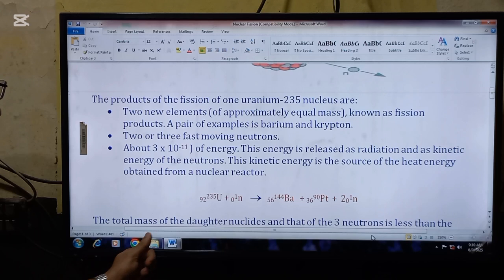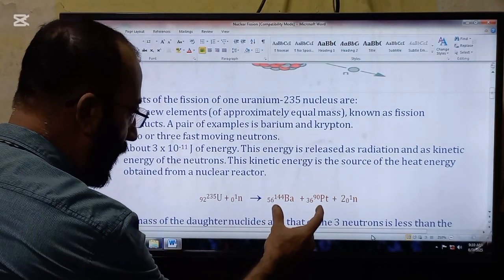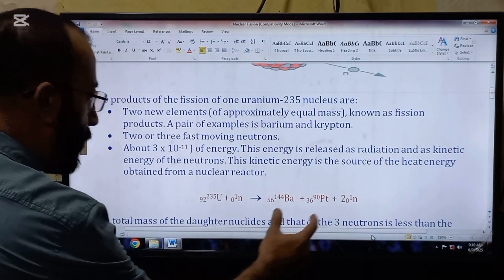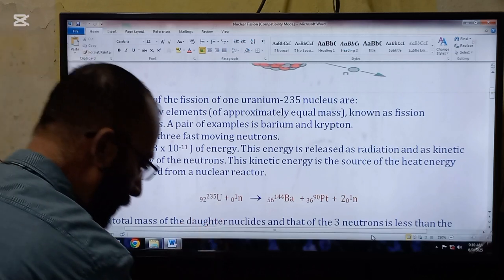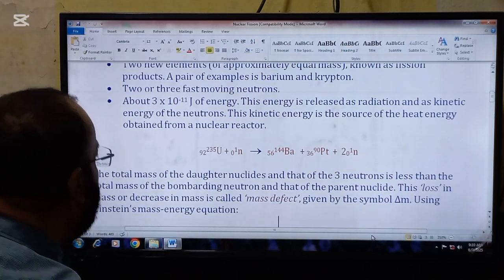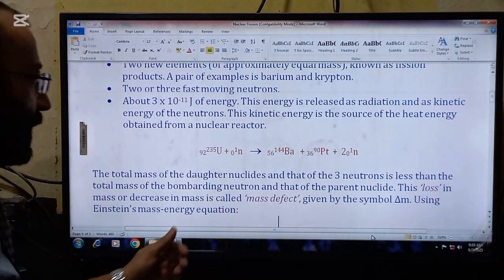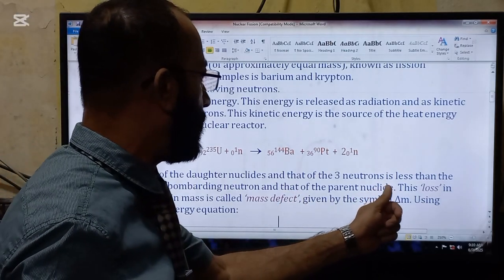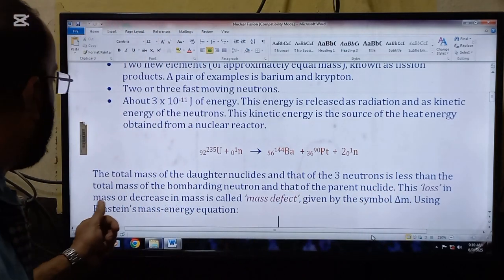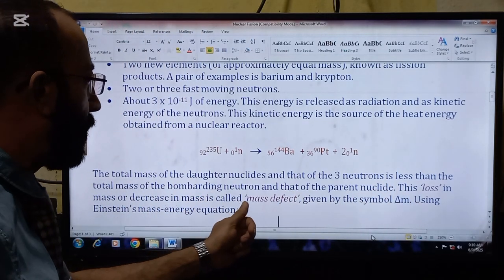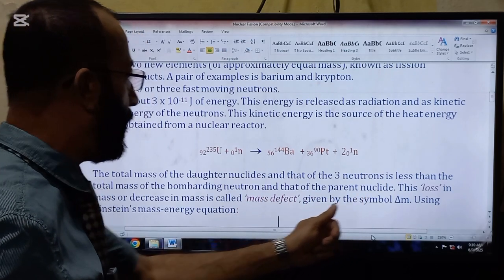These products are called daughter nuclides, and this is the parent nuclide. The total mass of the daughter nuclides and that of the 3 neutrons is less than the total mass of the bombarding neutron and that of the parent nuclide.